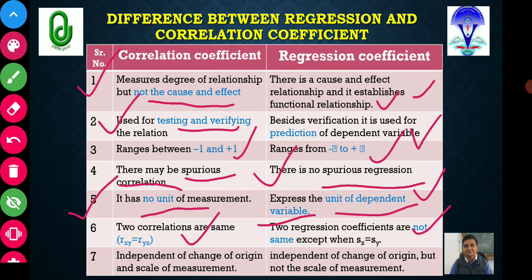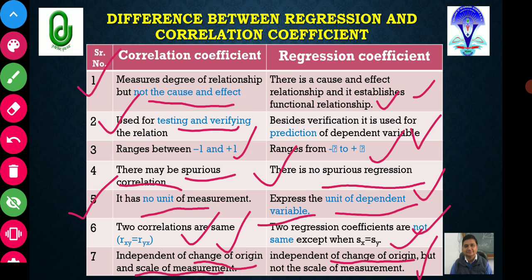Now the last point: independence of change of origin and scale of measurement. The correlation coefficient is independent of change of origin and scale of measurement, whereas the regression coefficient is independent of change of origin, but it is not independent of scale of measurement. So what is change of origin?